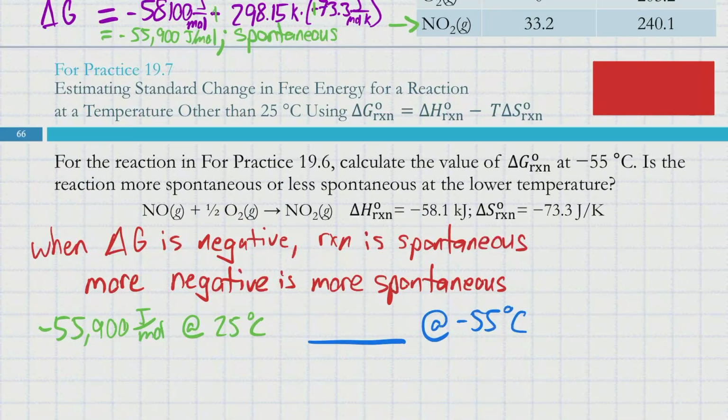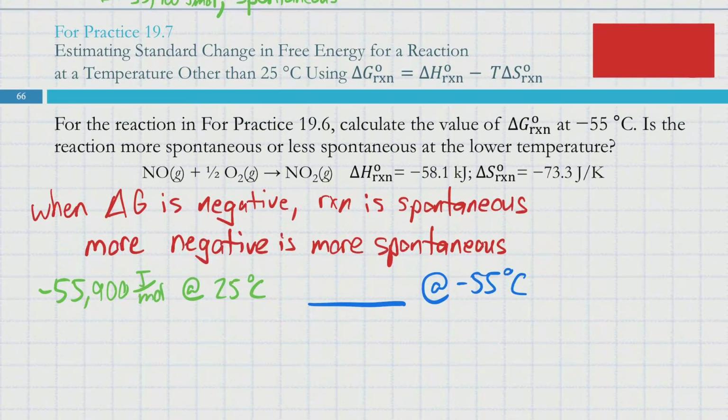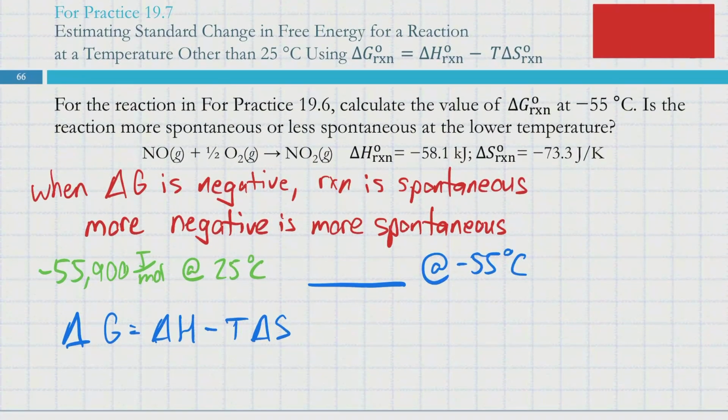You don't actually have to do any calculations for this, but we'll do it anyway. So delta G is delta H minus T delta S. I'm leaving off the standard and the reaction just because I don't want to write them out.